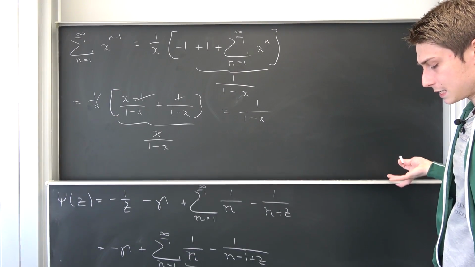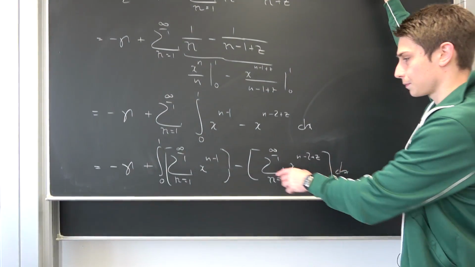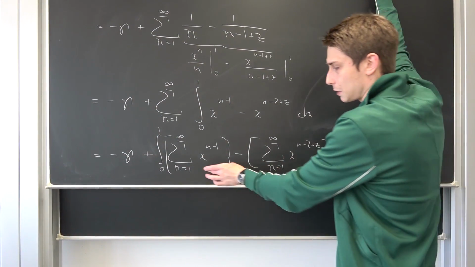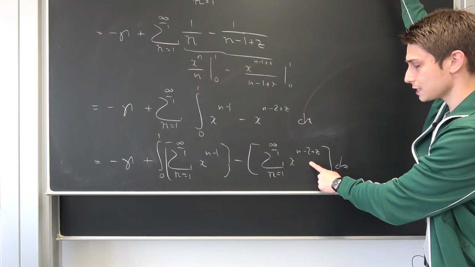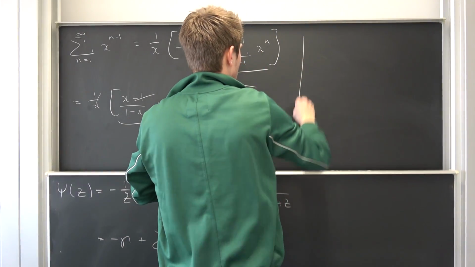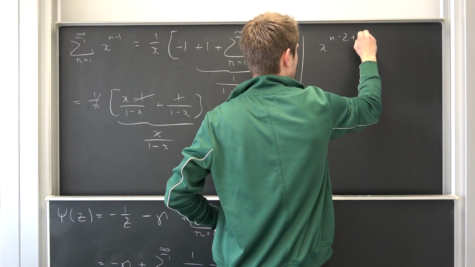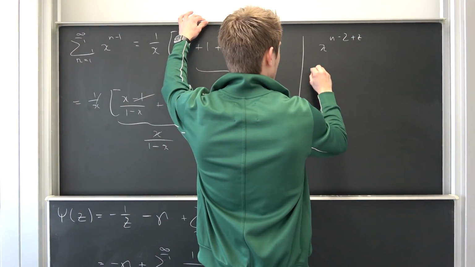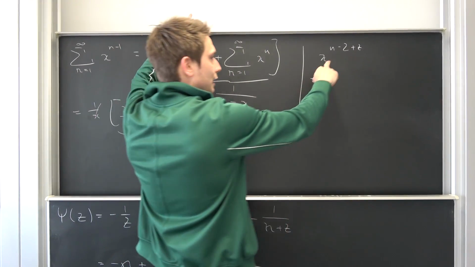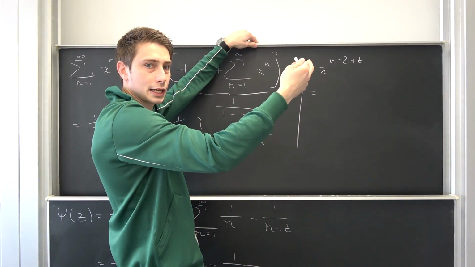We can go, like I said, through the same process on this thing right here like we did here. The only difference is that we have to break this up. So if we take a look at x to the n minus 2 plus z power, we can break out the one of the x to the negative ones.